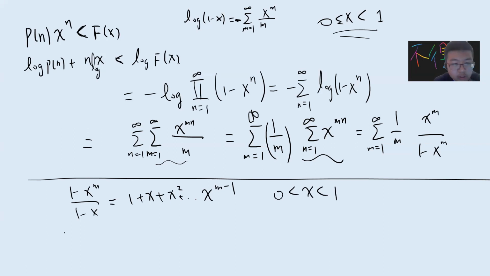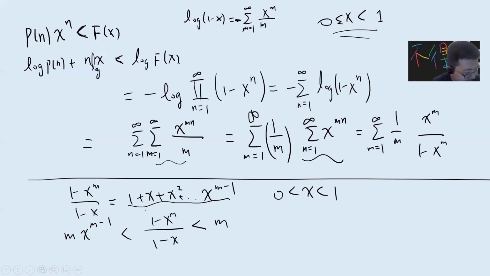What we have is that m x^(m-1) is less than this, because x is less than 1, so x^(m-1) will be the smallest term in this sum, so I can replace it. And for the other one, I can replace by m because 1 is the largest term.